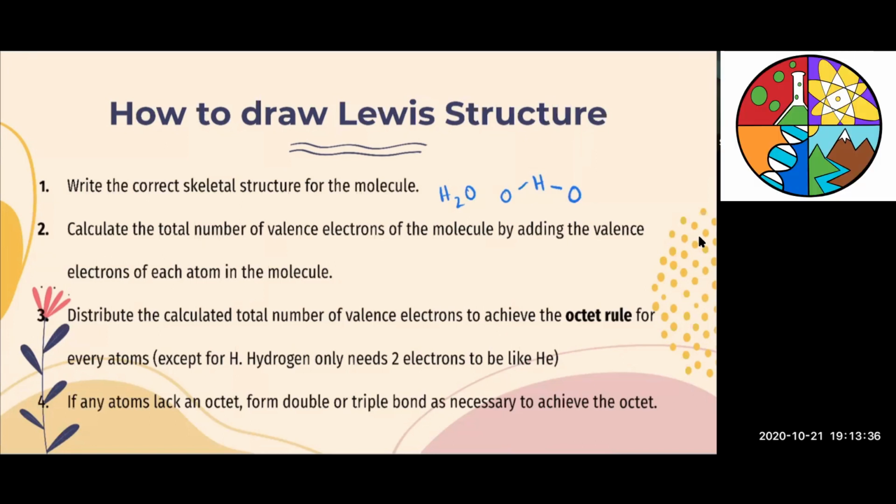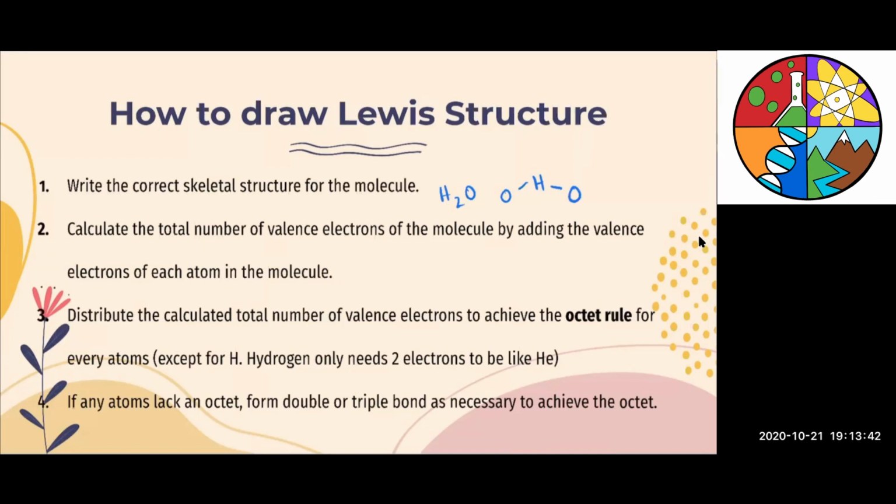So if any atoms lack an octet, I drew H2O wrong. Oh, like that, sorry. Oxygen has 2 bonds with the 2 hydrogens.